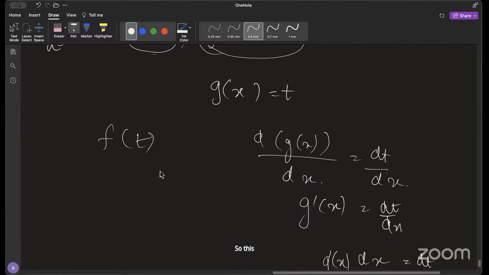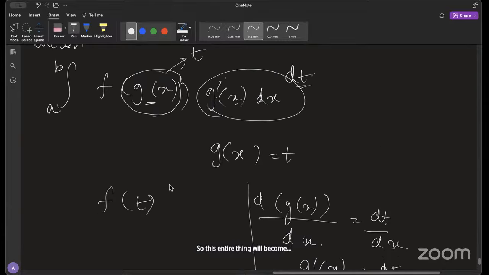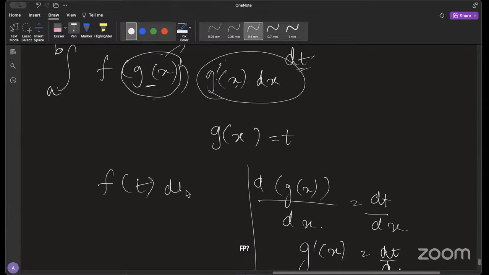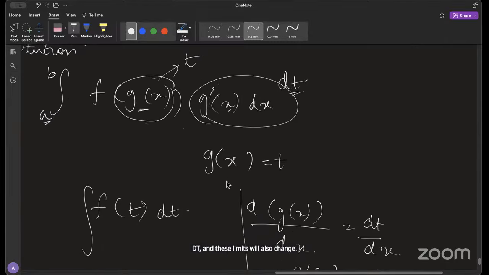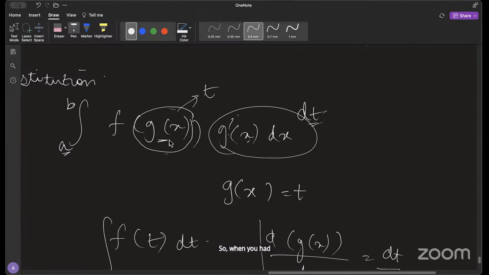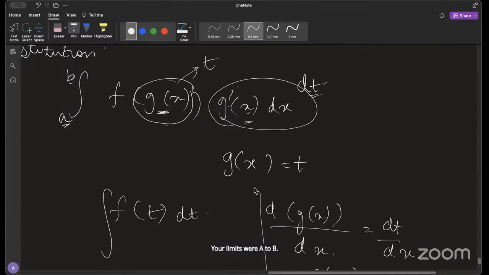So this entire thing will become f(t) dt, and these limits will also change. So when you had g(x) in the argument, your limits were a to b. Now you have t.